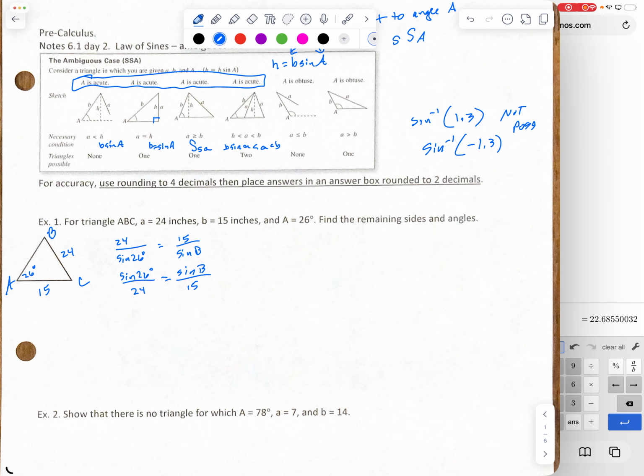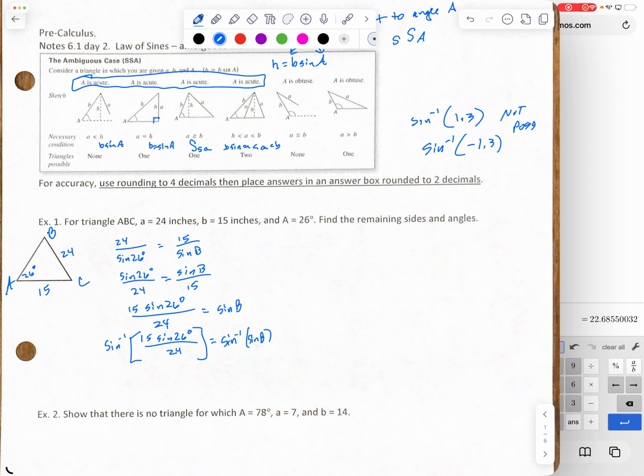And now we can find little c, and I would go back to the 24. 24 is to the sine of 26 degrees, as little c is to the sine of 138.09865.